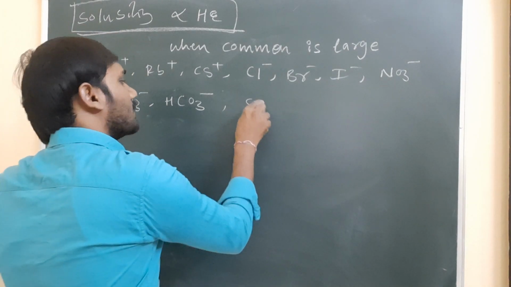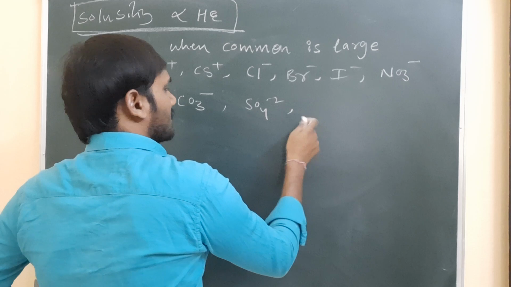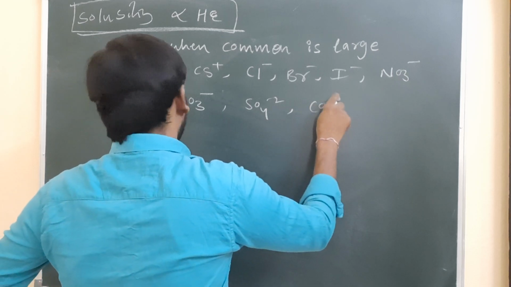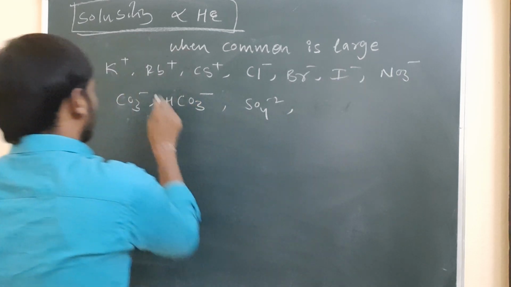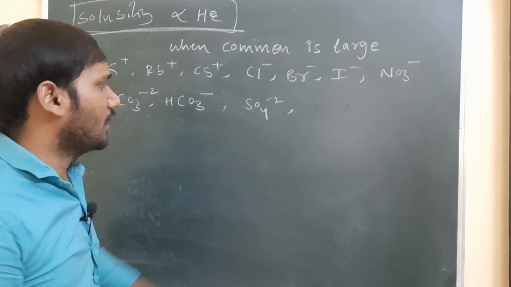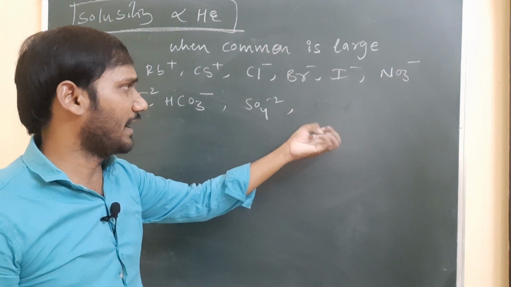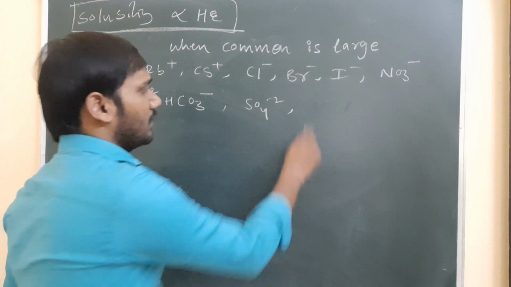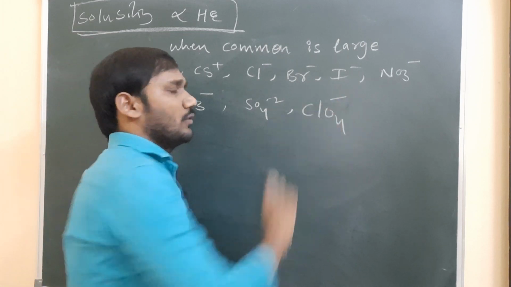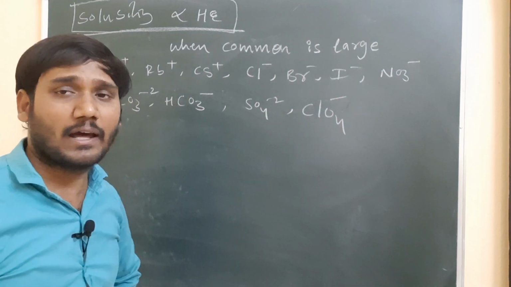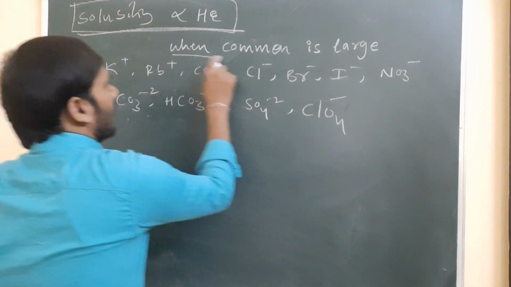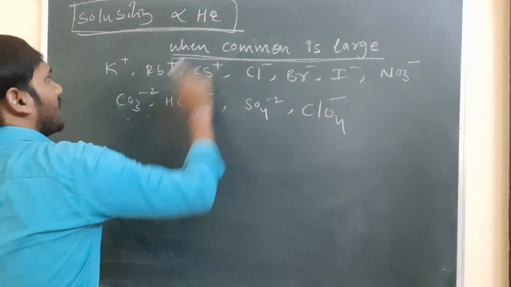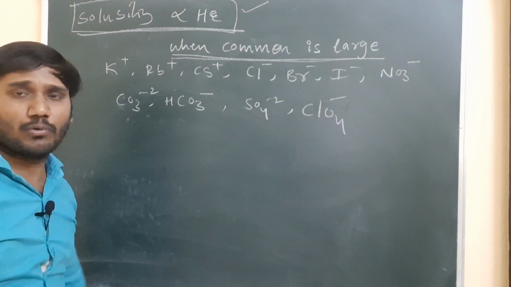Next, sulfate, and also chlorate. We can take these as large ions. So when the common ion is large, solubility is directly proportional to what?